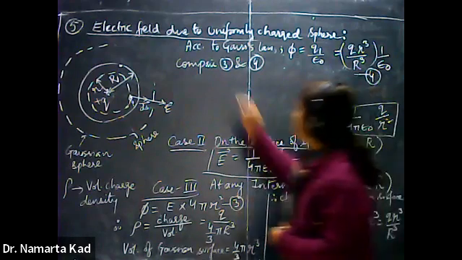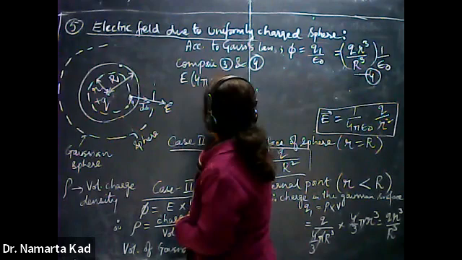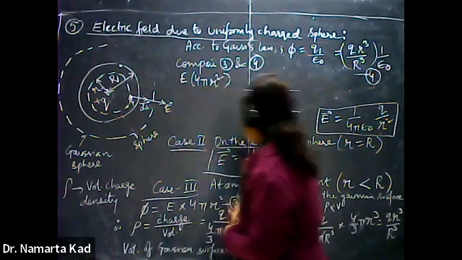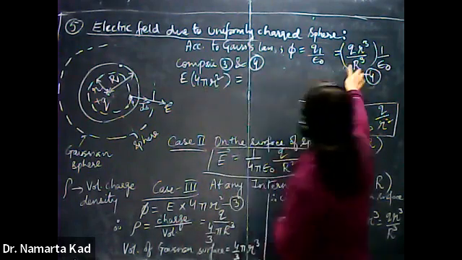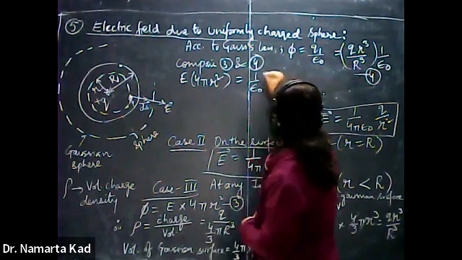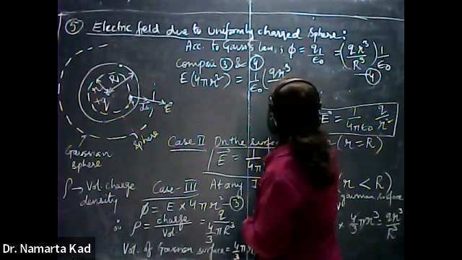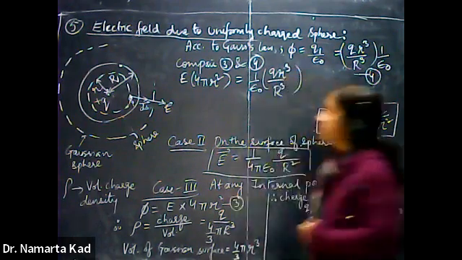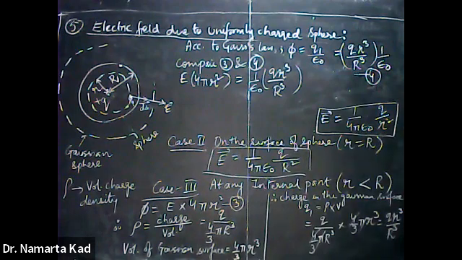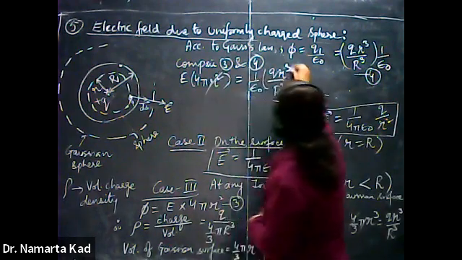So as per number 3, it is E into 4 pi r square, and this is equal to 1 by epsilon naught, Q r cube divided by R cube.